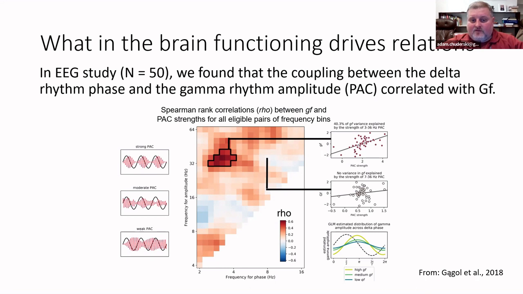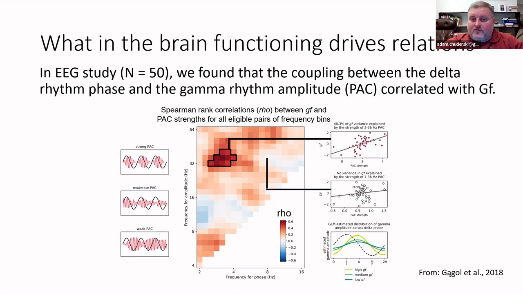On the x-axis we have frequencies for phase, for slow rhythms, and on the y-axis we have frequency for amplitude of fast. And we found a strong coupling in a cluster around 3 Hertz. So it is quite a slow oscillation. It's the delta band, probably the slowest oscillation in the brain that has some cognitive relevance.